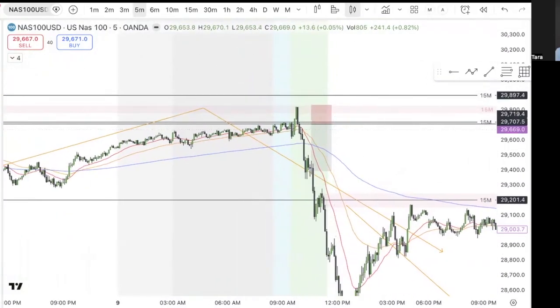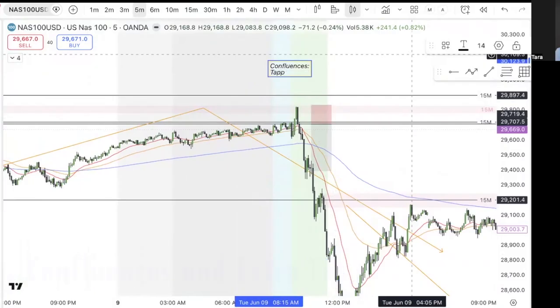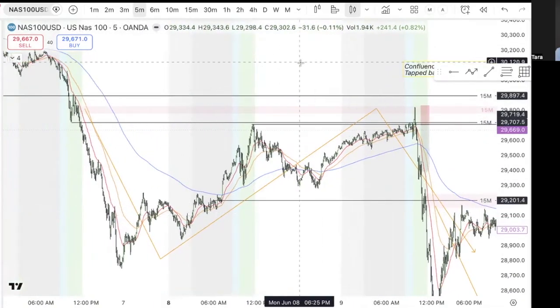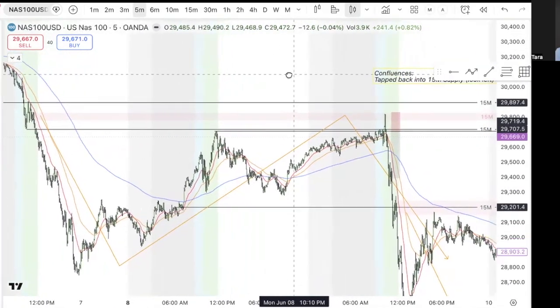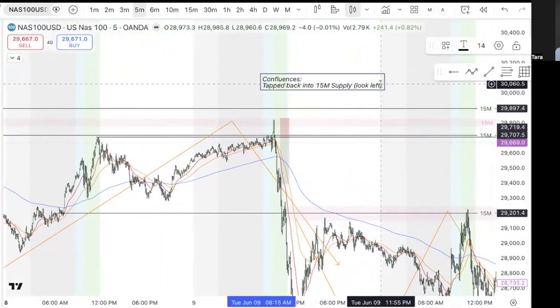For instance, on this day, our confluences were that we tapped back into the zone. We look left for zones that are nearby that are good, solid 15-minute or 5-minute supply zones. Okay, and so we tapped back into the zone.